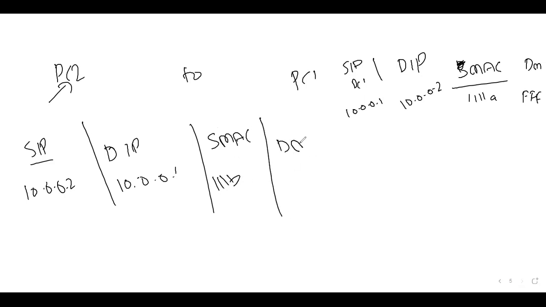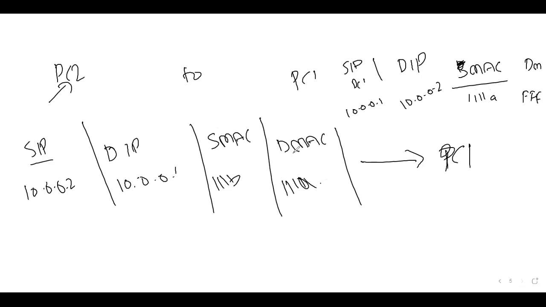What is the destination MAC? The destination MAC is the PC1 MAC, which was received from the incoming frame, which is 11A. So this will go back to PC1.